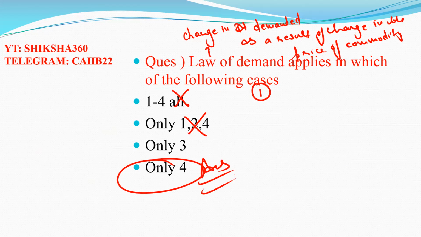The law of demand applies only in situation number 4, and in the rest of the situations, the law of demand is not applicable. So I request all of you to please go through the case studies very carefully while answering, so that you are able to answer the question properly.